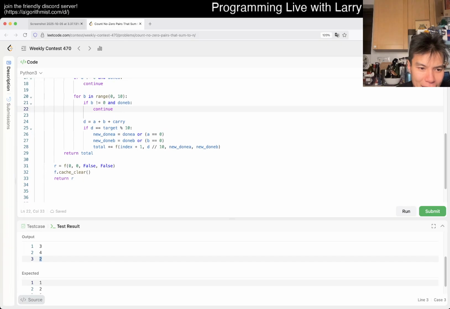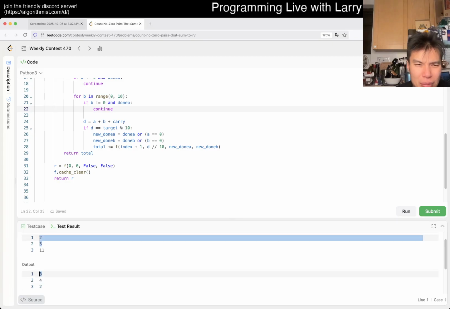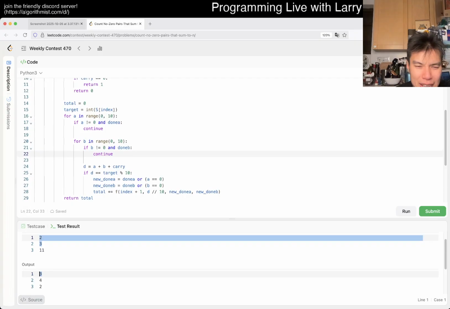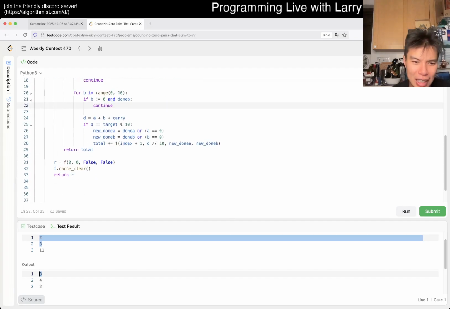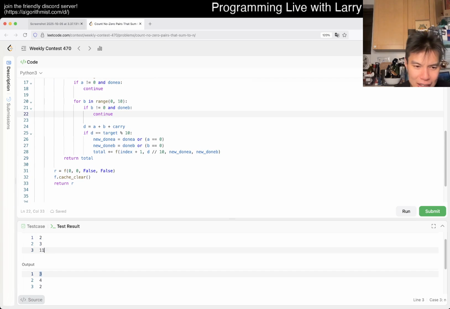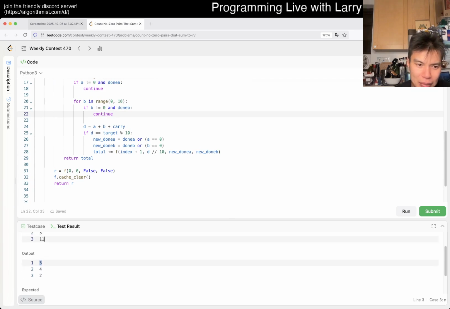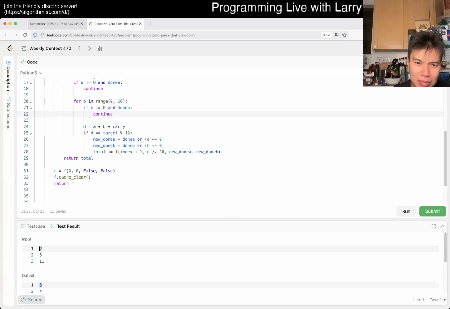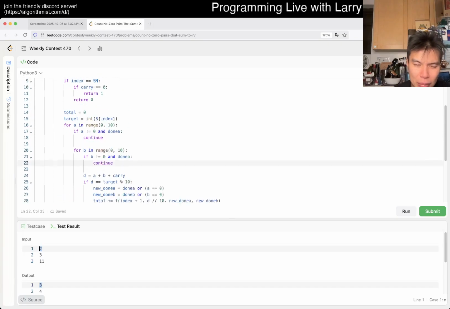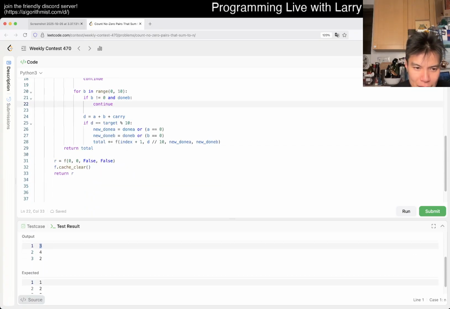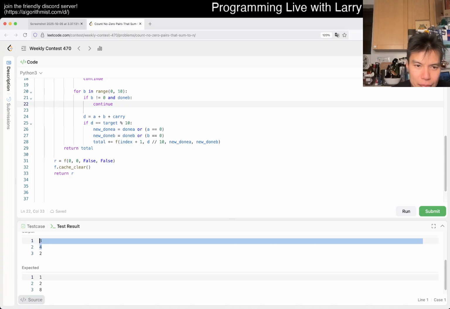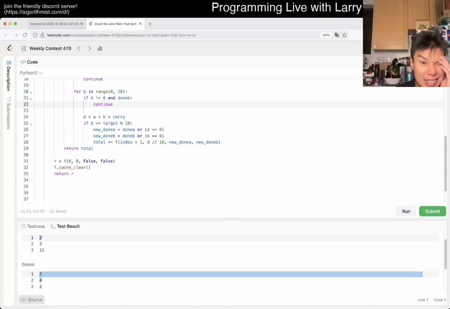I'm also surprised that for 2 it returns 3, which probably has to do with some maths. Well, okay. One of the reasons I think is that it double counts the zeros. So for number 2, it does 0 plus 2 and 2 plus 0 probably. So that's probably the 2 of the wrong answers. So how would I fix that?